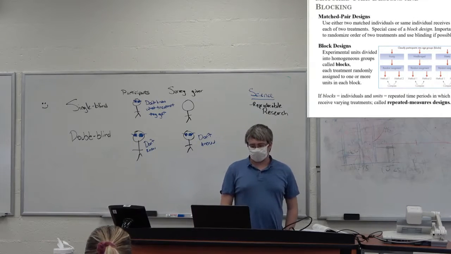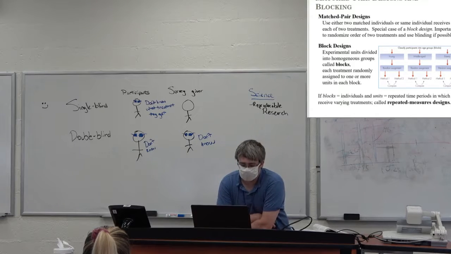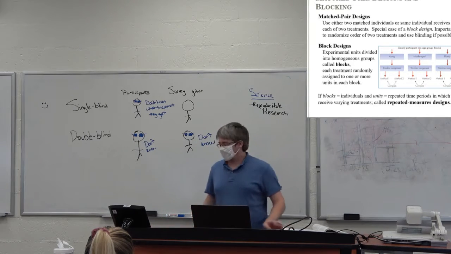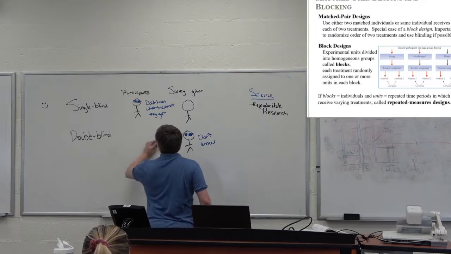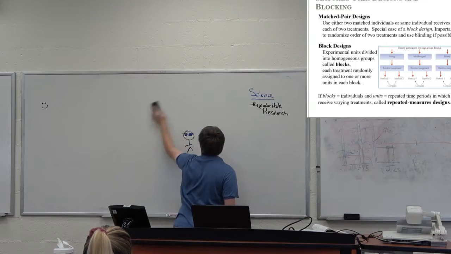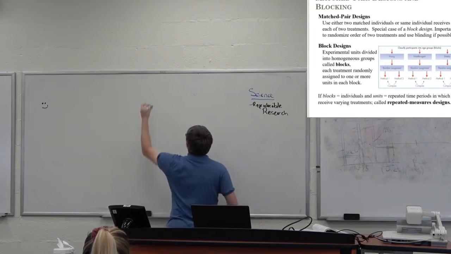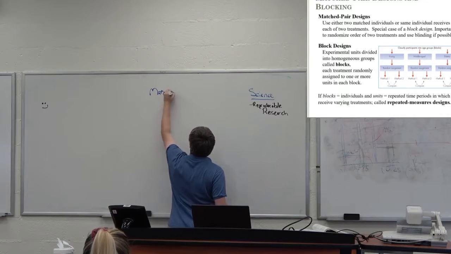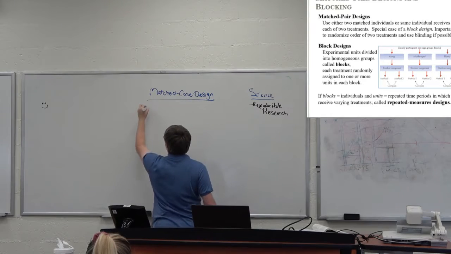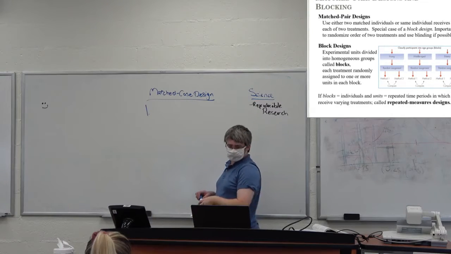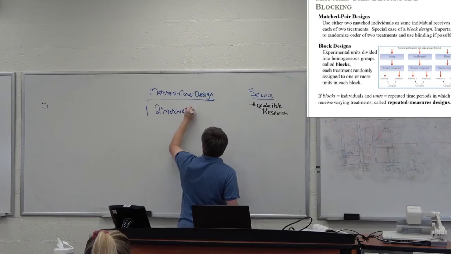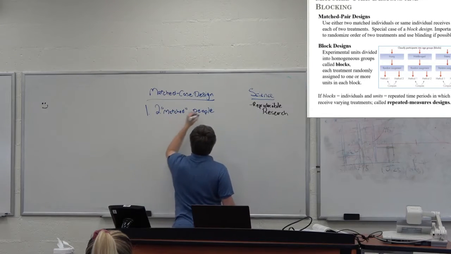So matched pair designs and blocking. A matched pair design is you use either 2 matched individuals, or the same individual receives each of 2 treatments. And so we talked about blocking before. So one is that you have 2 matched individuals, people, and then they each get the same treatment.